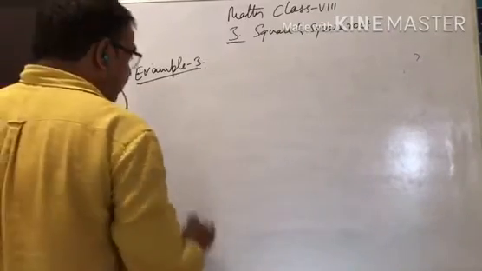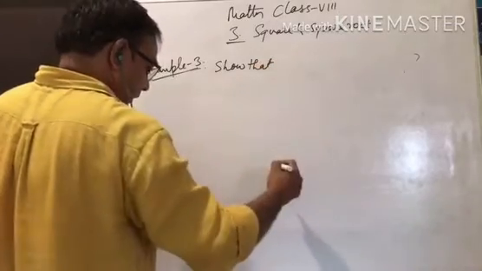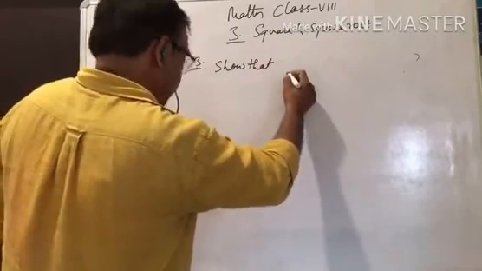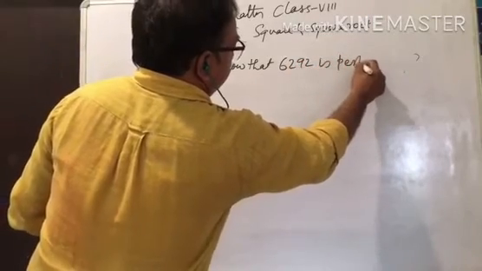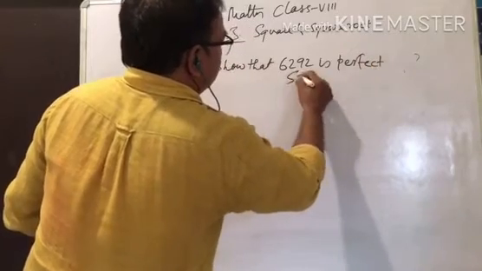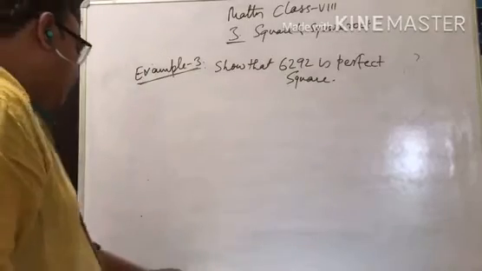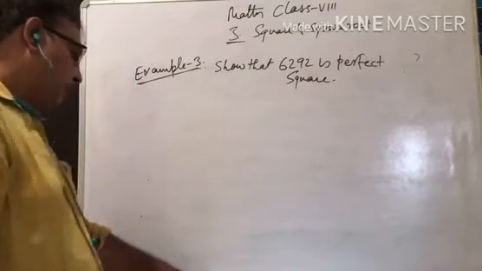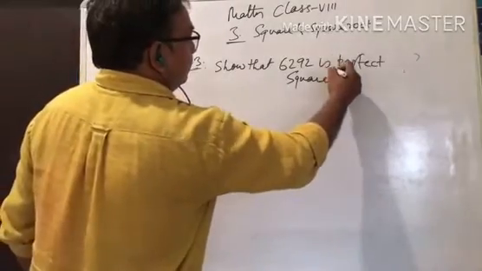Now the question is, show that 6292 is not a perfect square.